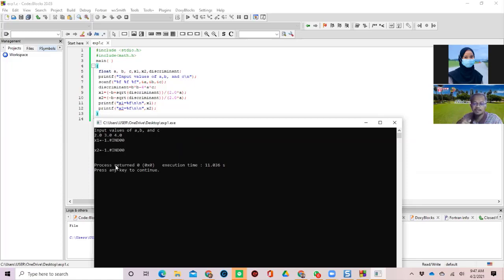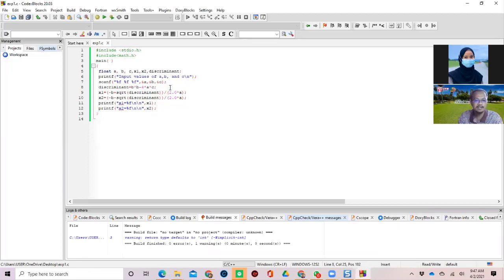Later we will learn the if statement. So to avoid that situation, what we need to do is: if the discriminant is greater than or equal to 0.